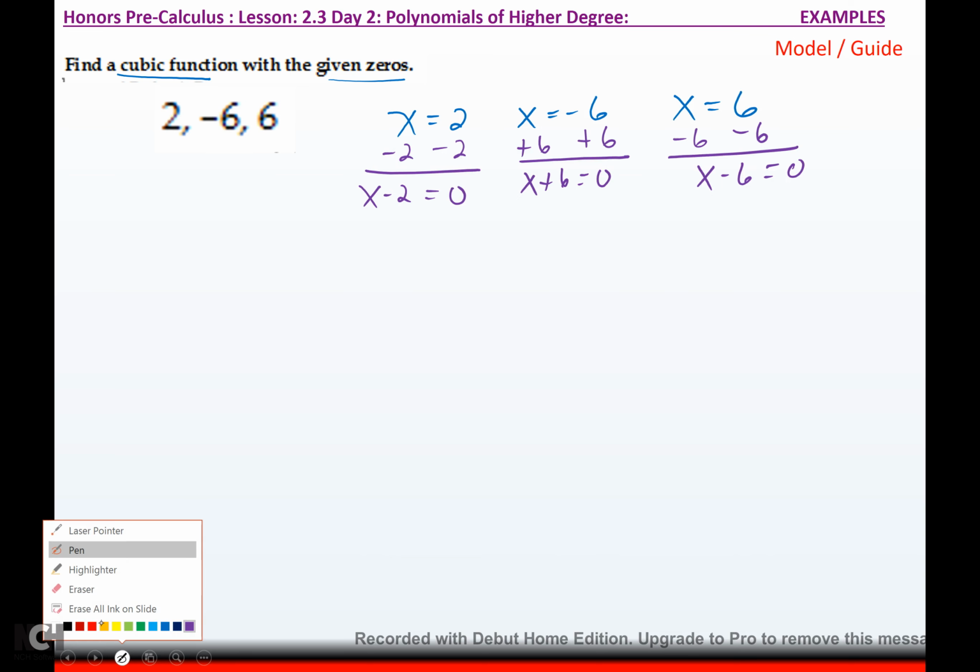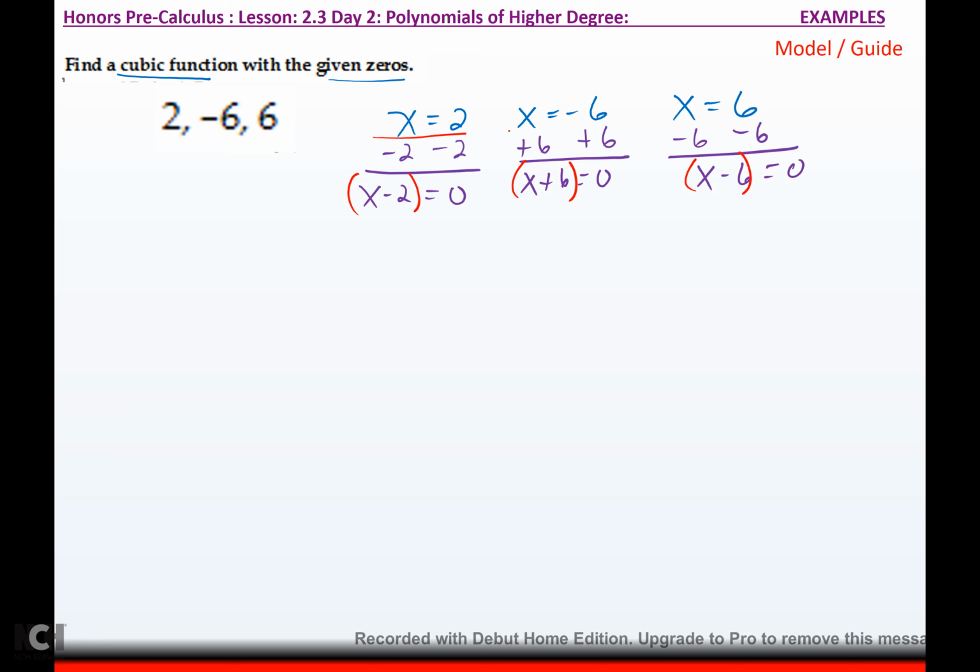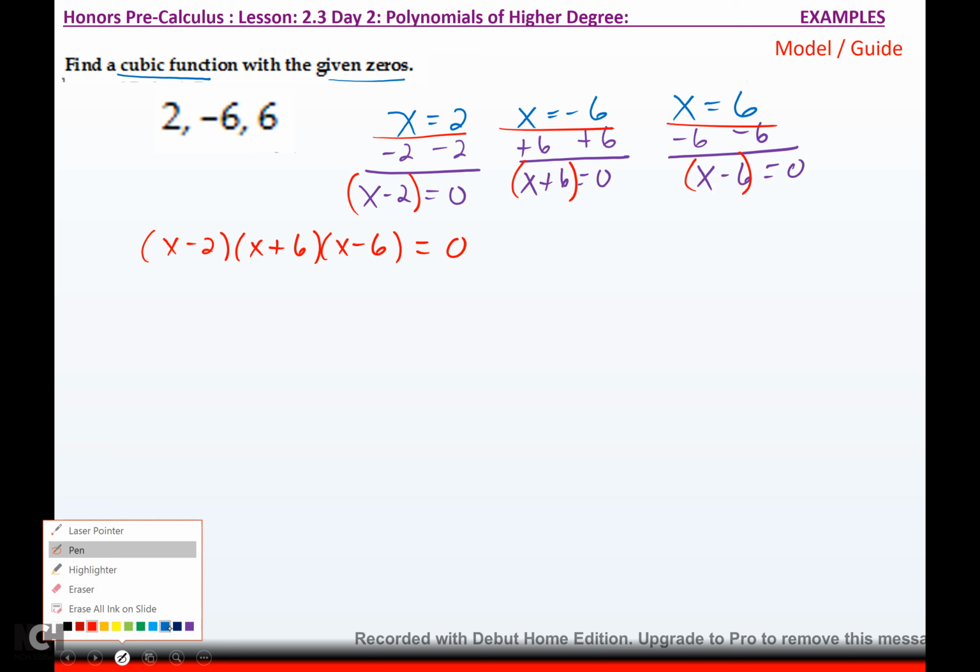So now, do you see that I have 1, 2, 3 factors when I started with 1, 2, 3 zeros. Okay, so now that I have the factors, x minus 2 times x plus 6 times x minus 6, set them to 0, multiply them back together, and I'll get the polynomial that I started with to get these solutions.